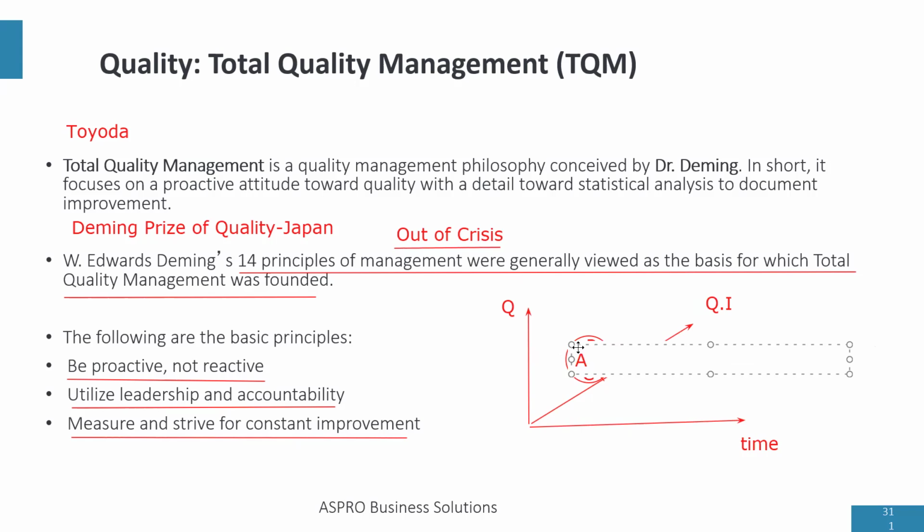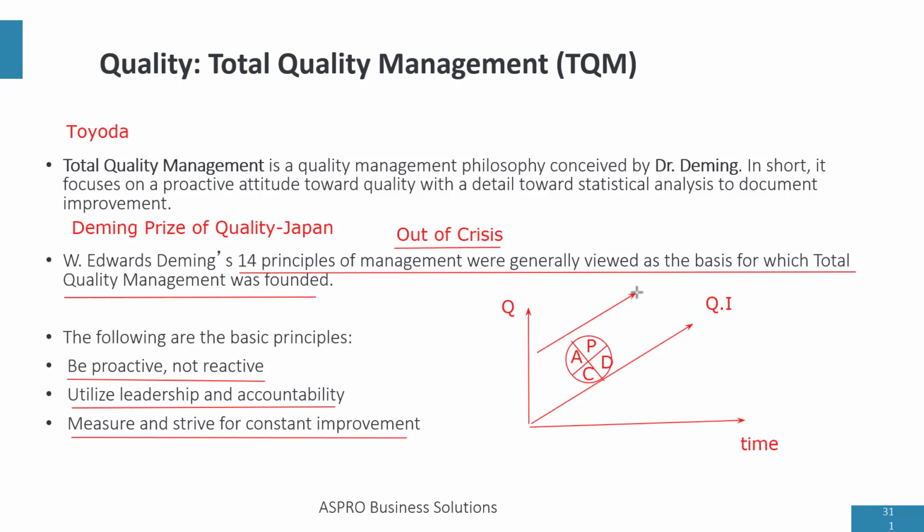The Deming cycle is used for quality improvement, and it's also a continuous improvement cycle. Now, what does PDCA mean? Plan, do, check, act.